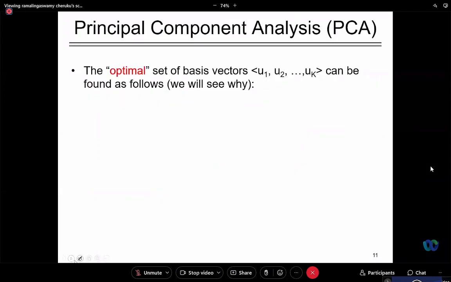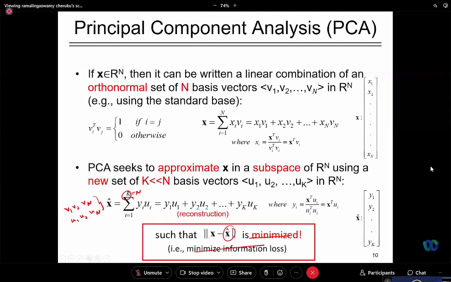So the question is, if I'm transforming from V1, V2, Vn to U1, U2, Un, where the number of dimensions is the same, there is no change in the dimension, only the values have changed. Will there be any data loss? That is the question.